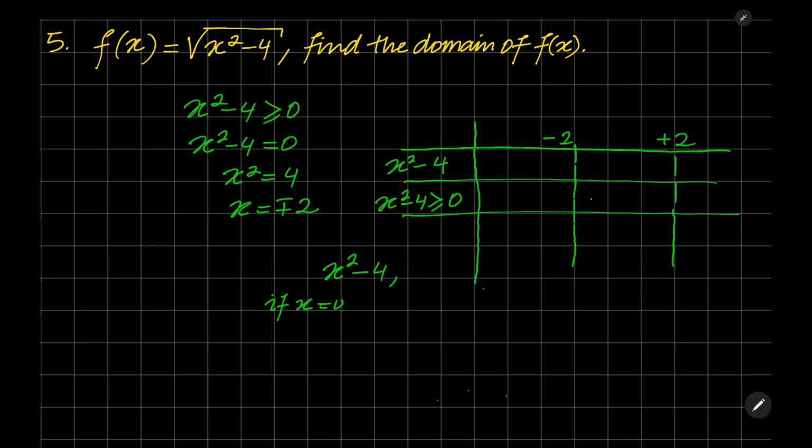If x is equal to 0, then 0 squared minus 4 is equal to negative 4, which is less than 0. So the function is negative between negative 2 and plus 2. And it's positive in this region and also in this region, at the closed circles.